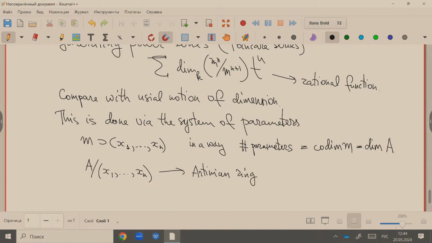And how may we see the condition that our ring is Artinian if we look at this series?